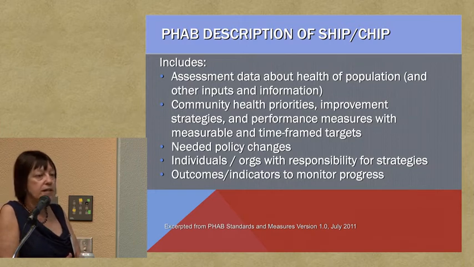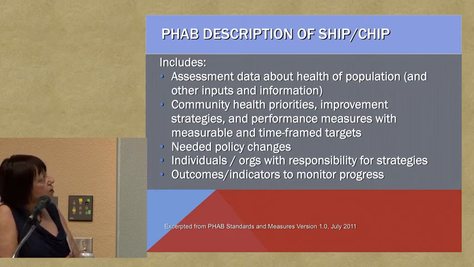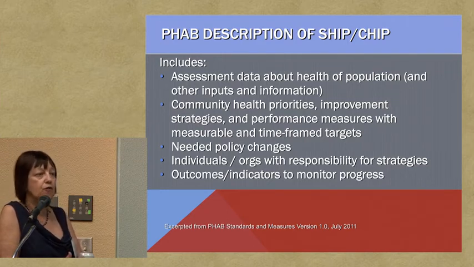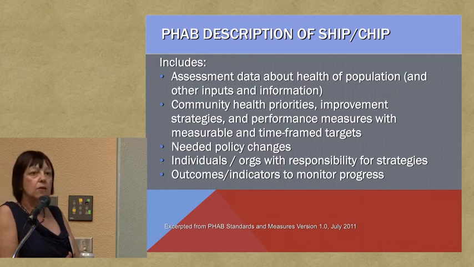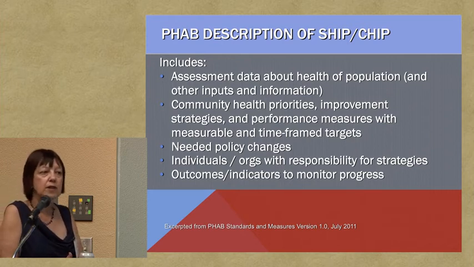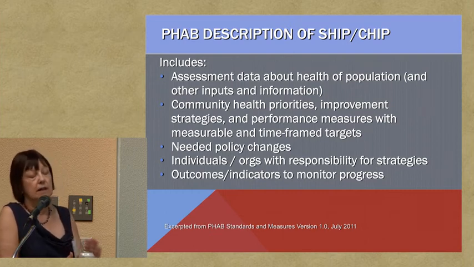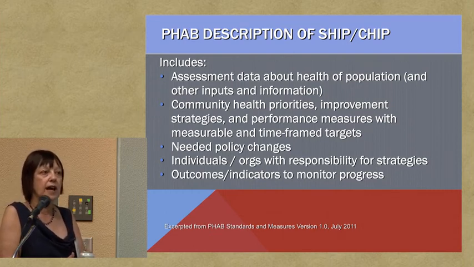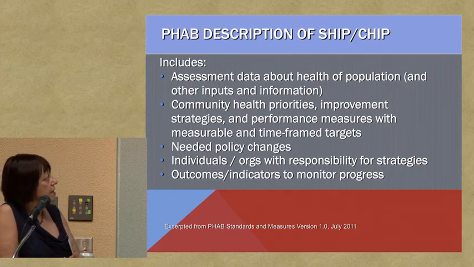And you need to prioritize what needs to be done, how you're going to do this improvement, what strategies you're going to use, and importantly, performance measures. And one of the things we talked about this morning that is very important is policy changes. If you really want to make a difference in a community, you need to look at a higher level, at policy changes or structural interventions.